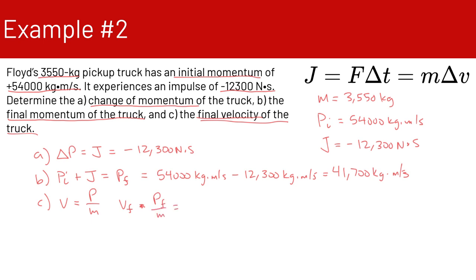So our final momentum is 41,700 kilogram meters per second, and that's divided by our mass of 3,550 kilograms. So our final velocity then is equal to 11.7 meters per second.